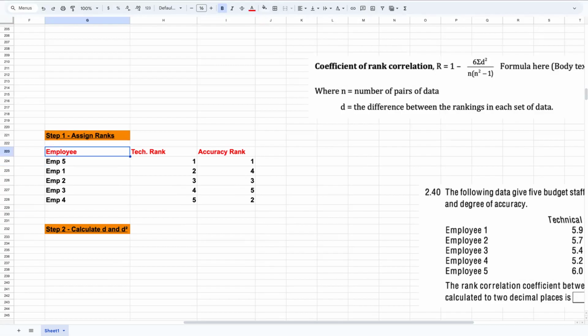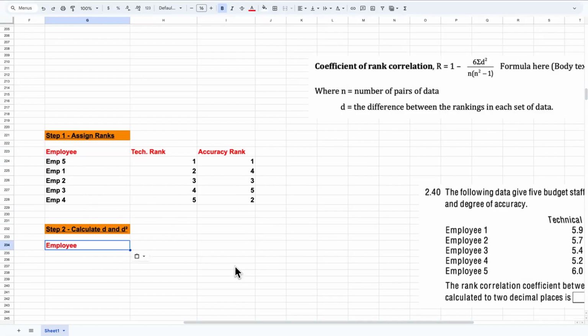Now what I'm going to do is have an employee column, a tech rank column, and an accuracy rank column, and the D value we are going to calculate.